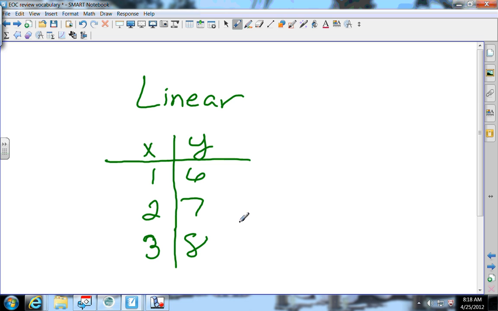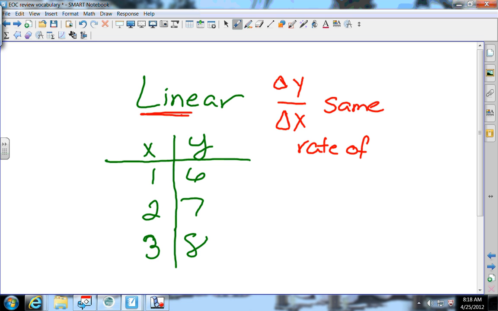How do I know from a table if something is linear? If the x's don't repeat, that's a function. If it's linear, it means it makes a straight line. To make a straight line, same rate of change, which means delta y over delta x is the same. So when you're looking at a table, you have to figure out delta y over delta x, plus 1, plus 1.